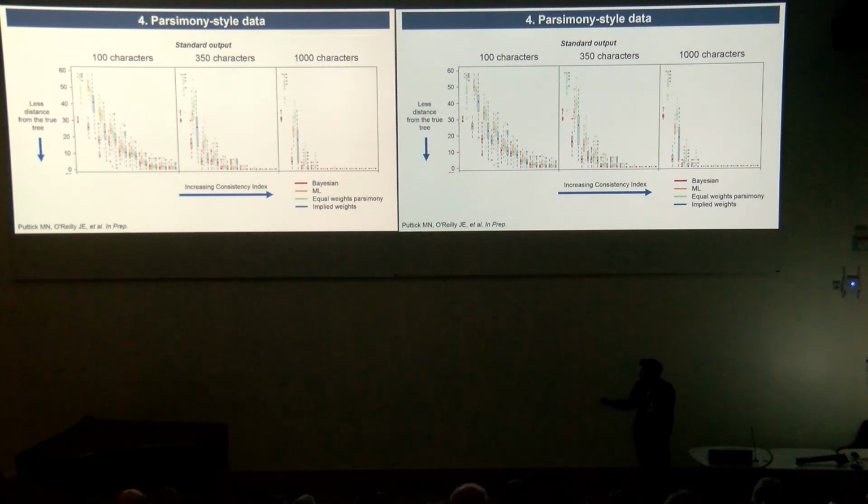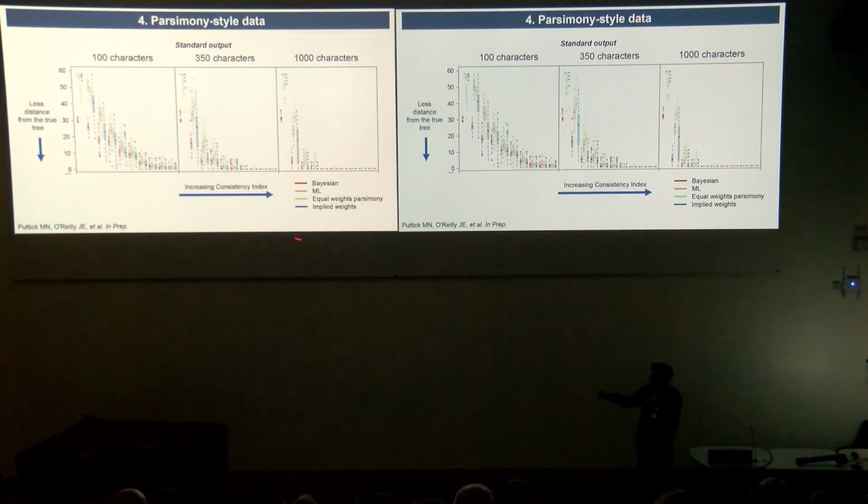This isn't shown up very well, but along the x-axis here, we're going from 0 consistency index to 1, and each of these bar plots is each method within each bin of consistency index. When we have really high consistency indices, so basically all the characters in these matrices are really good, all methods perform incredibly well. They're getting the true tree with complete precision.